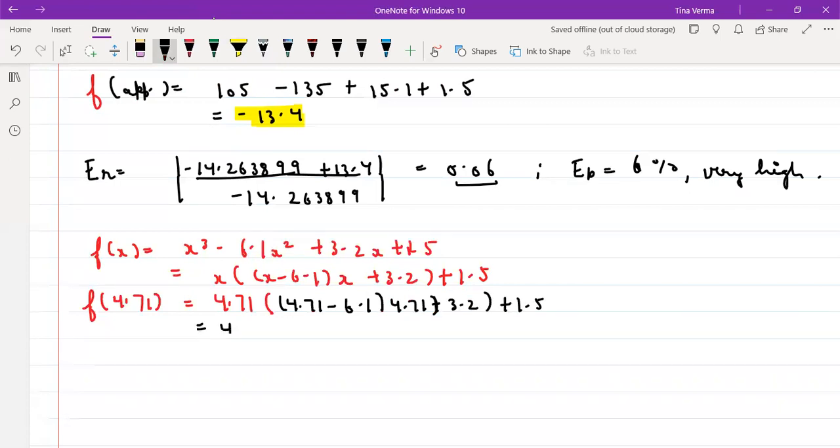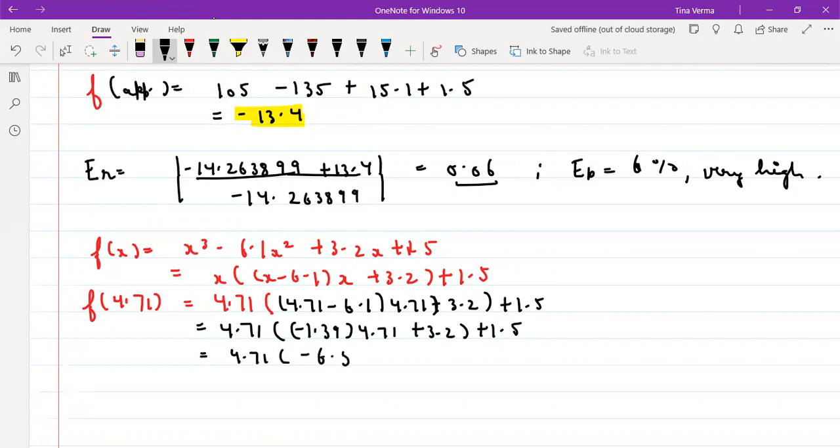So firstly you will solve the inner bracket, that will come out to be minus 1.39. Then this will be multiplied by 4.71 plus 3.2 plus 1.5. When you do this and do your rounding, this is coming out to be 6.55 plus 3.2.